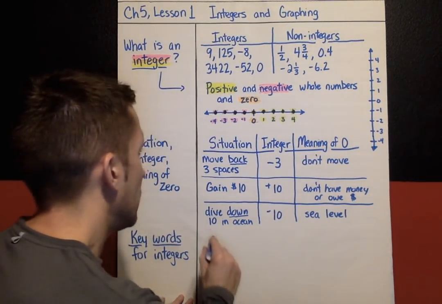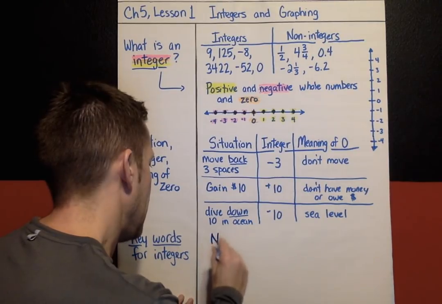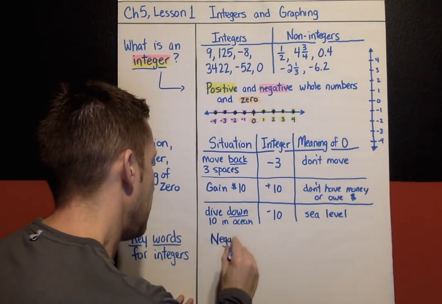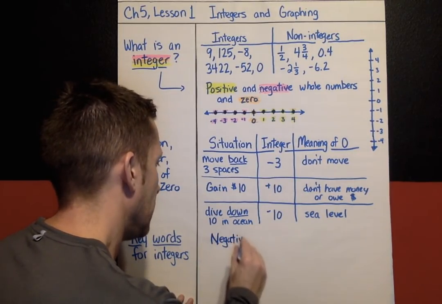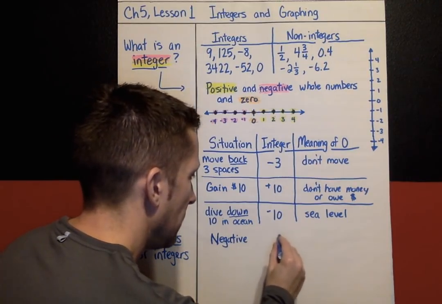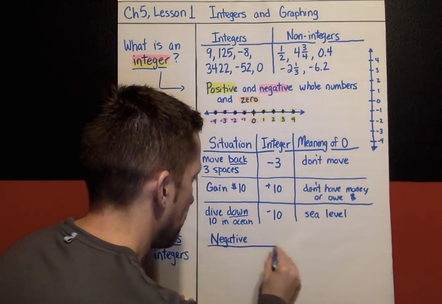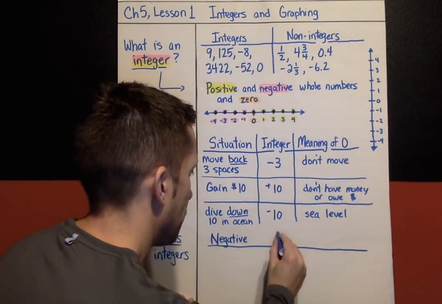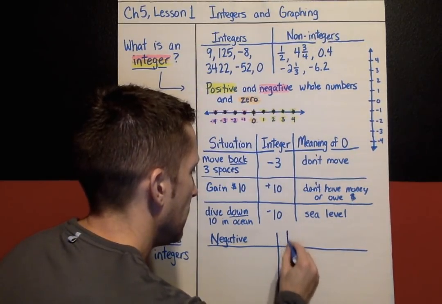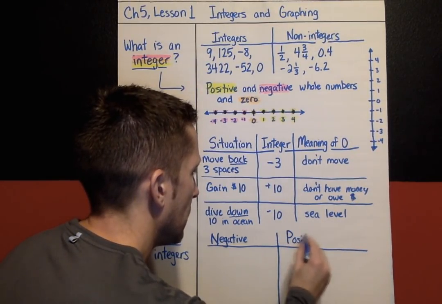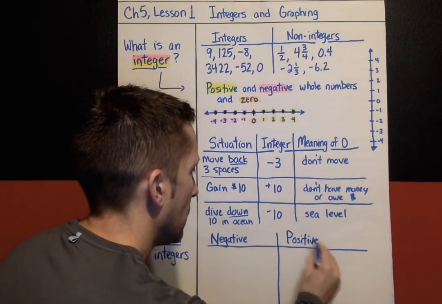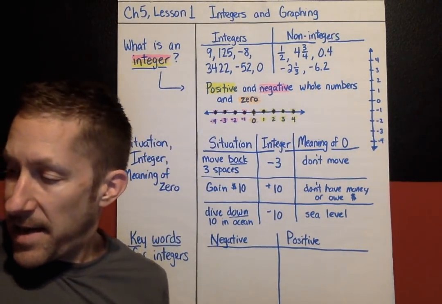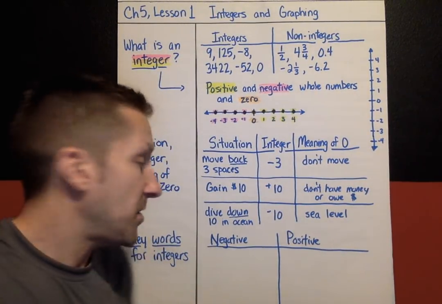These are words that usually indicate negative situations. These on this side, these are words that indicate a positive situation.